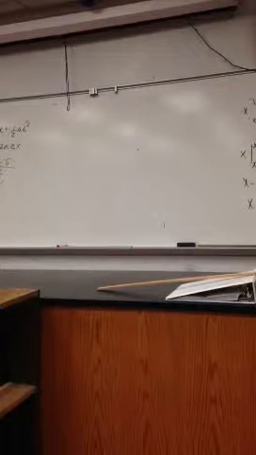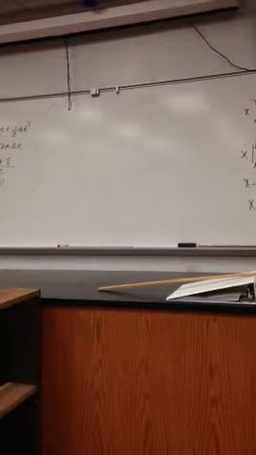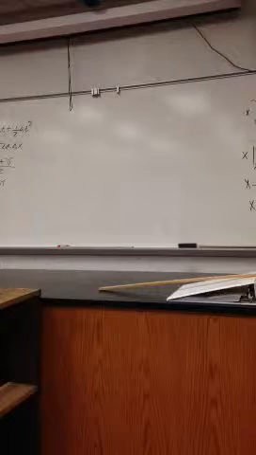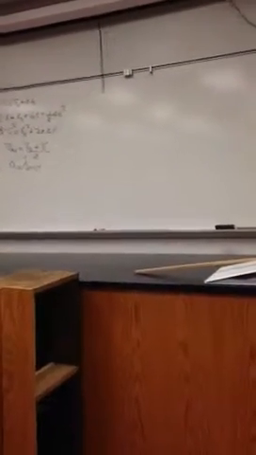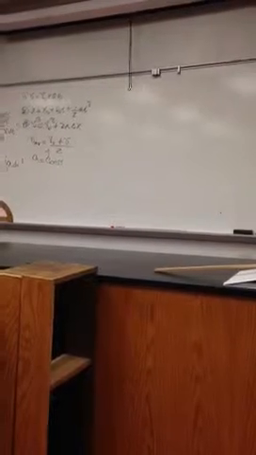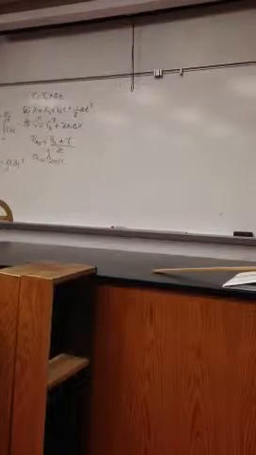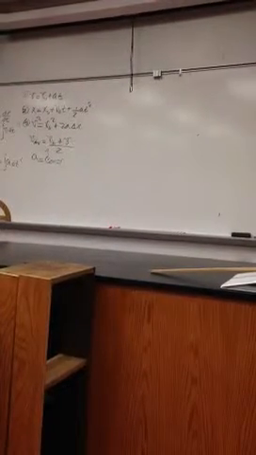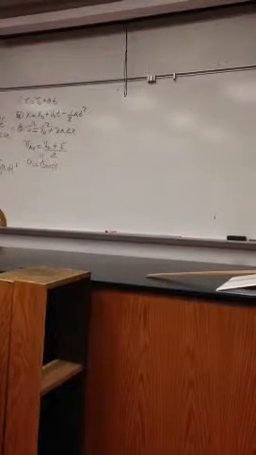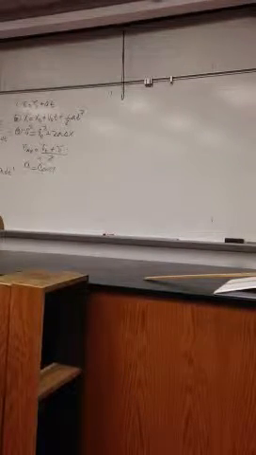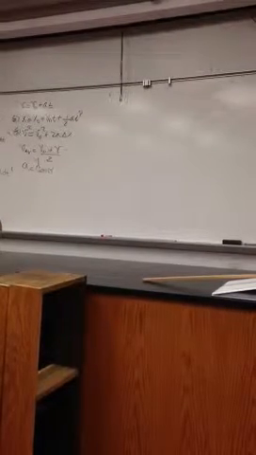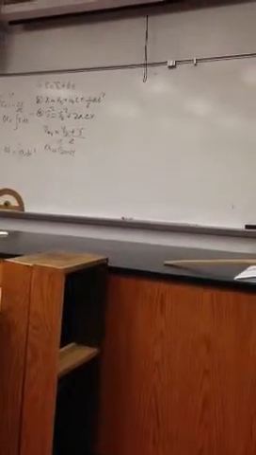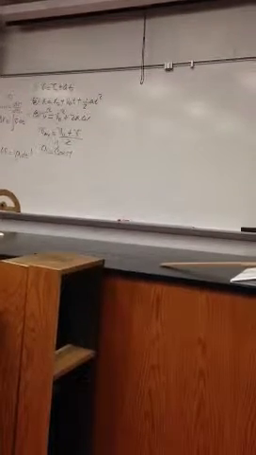Now we have the velocity function. So, in order to get the maximum of the velocity function, what do you have to do? Find the derivative of that, which is the acceleration. And you make the acceleration equal to what?